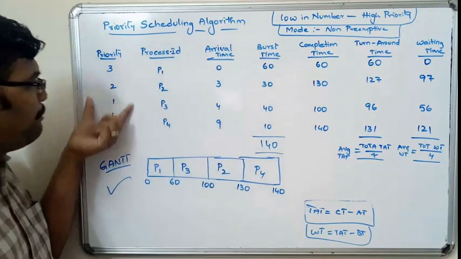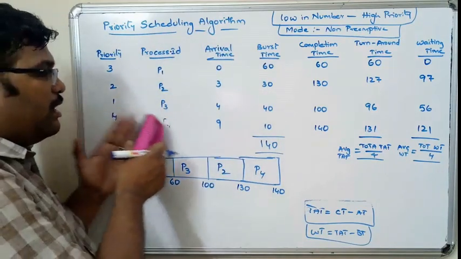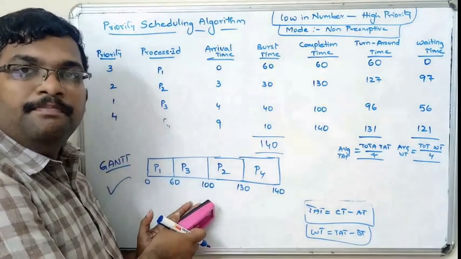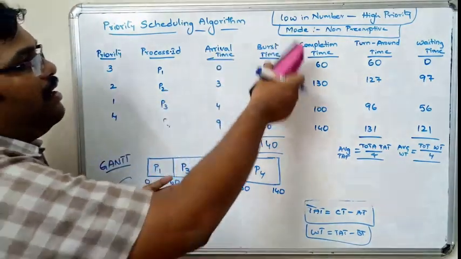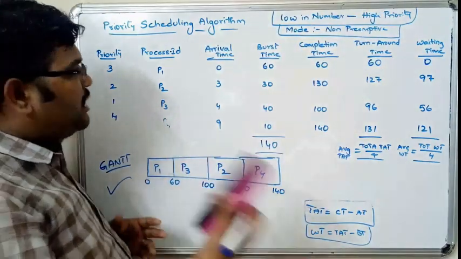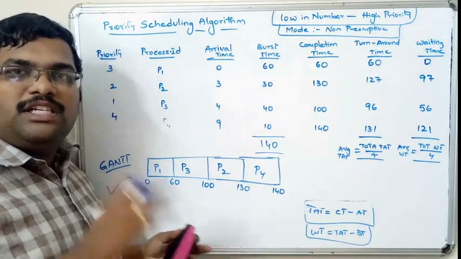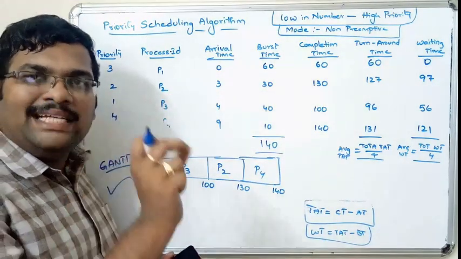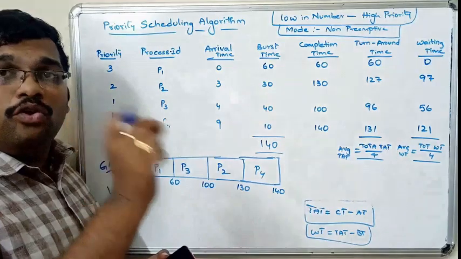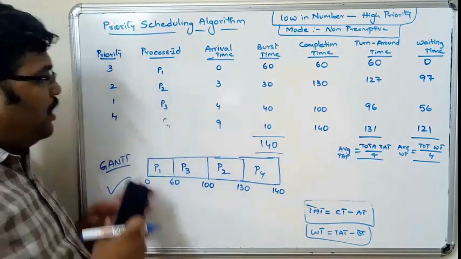The name itself indicates we have to give some priority to all the processes, and based upon the priority the process will be allocated to the CPU. Here the lower number has the highest priority. In some examples, the higher number has the highest priority. Based upon the given note, we have to solve the problem.